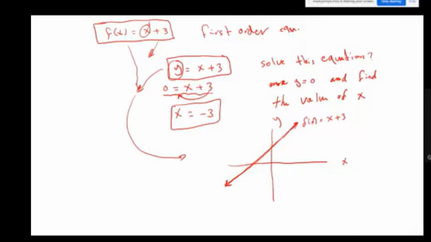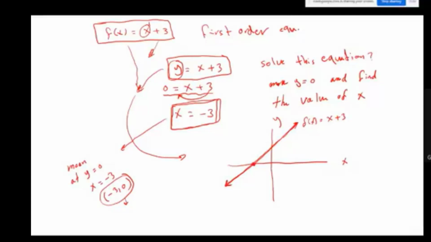What is this point? This point means at y equals 0, x will be minus 3. That means I have the point minus 3, 0. This point is the intersection of the function with the x-axis.